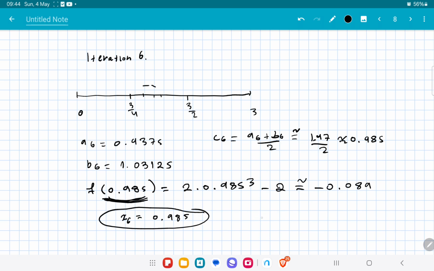And the exact solution, x exact, that's the exact solution, and that's the numerical solution. You can see that these values are very close, so you can keep iterating, and if this difference is very small, then you stop the iterations.